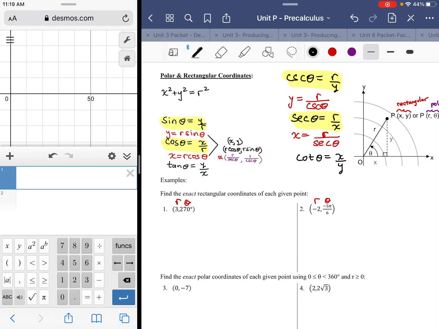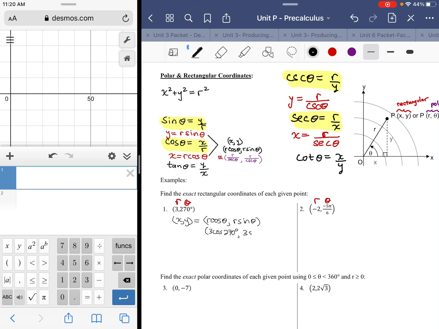All right, so let's tackle an example or two and see what's up. Finding exact rectangular coordinates. We have the r and the theta, so I need the x and y. So x and y is going to be equal to r cosine theta, comma r sine theta.